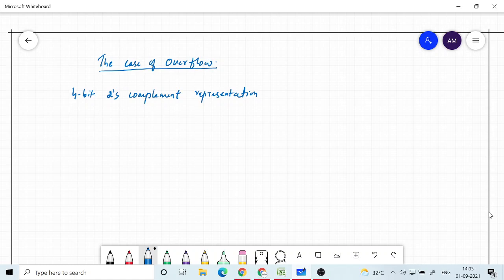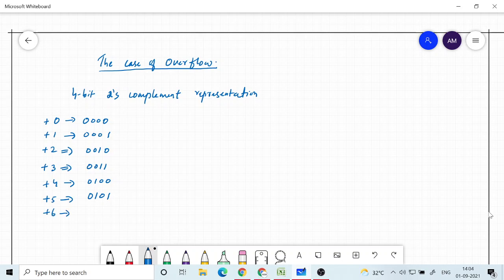So you have decimal digit 0 represented as 0000, which stands for plus 0, then plus 1 is 0001, plus 2 is 0010, plus 3 is 0011, plus 4 is 0100, plus 5 is 0101, plus 6 is 0110.